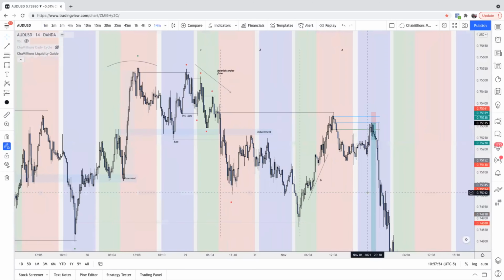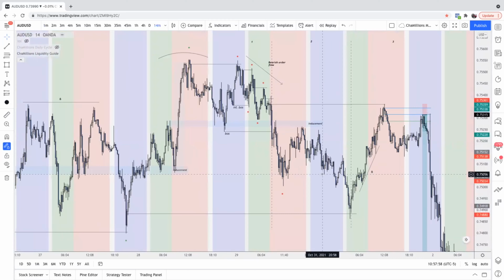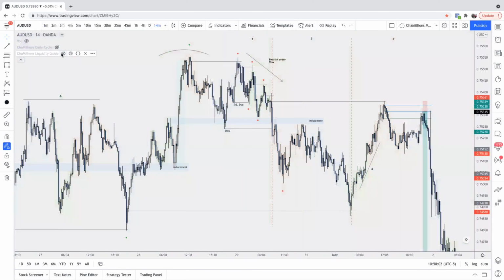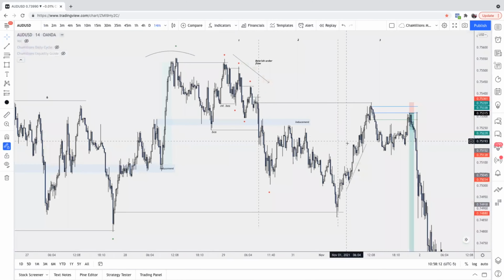Now from here, this is where I understood, like I said at the very beginning of the video, that you have to understand what phase of the market you're in. So from a seller's model, for my seller's model here to be correct, this was my expansion phase.